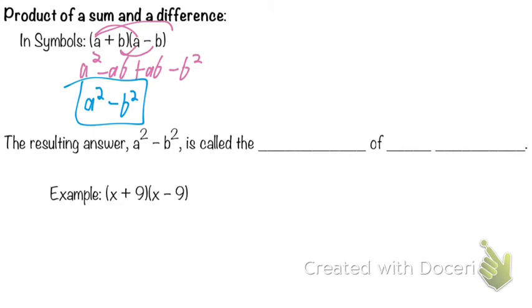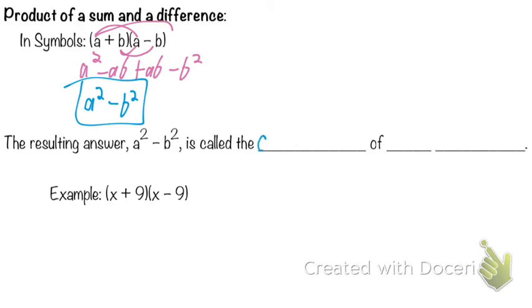We end up losing our middle term, so to speak, because they zero out. They're the same things but different signs, so they're opposites. I'll give everyone a chance to write that down if they were just watching me do it at first. So the resulting answer, A squared minus B squared, we can actually call something special, and we'll use this next chapter a decent amount.